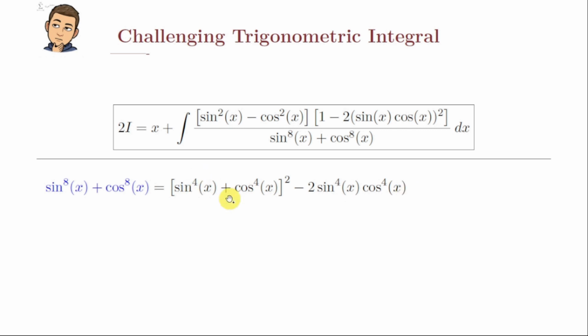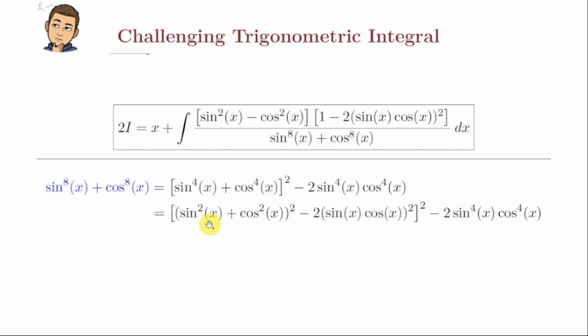Again in a similar way, we write sine power of 4 plus cosine power of 4 as sine squared plus cosine squared, squared, and then don't forget to cancel by 2 sine squared cosine squared. Since sine squared plus cosine squared is 1, we have this.